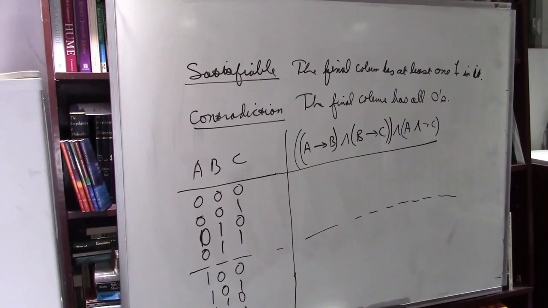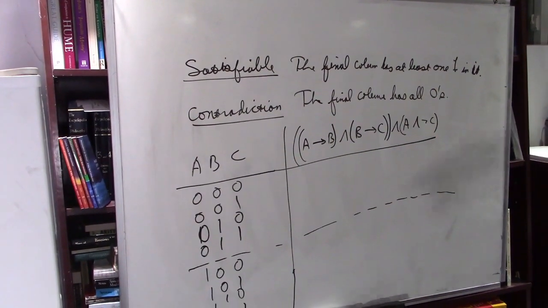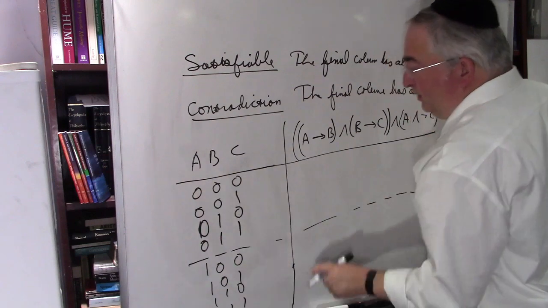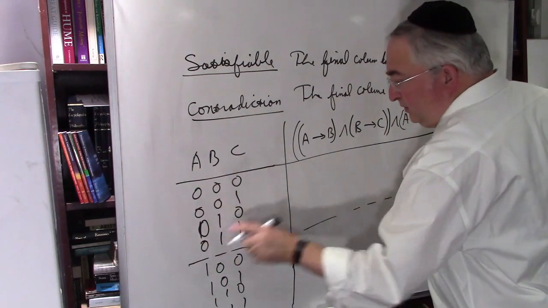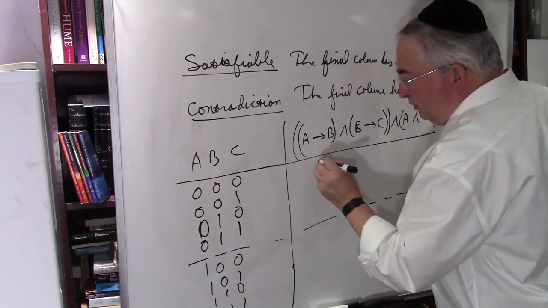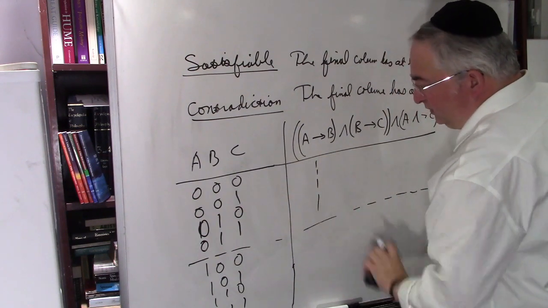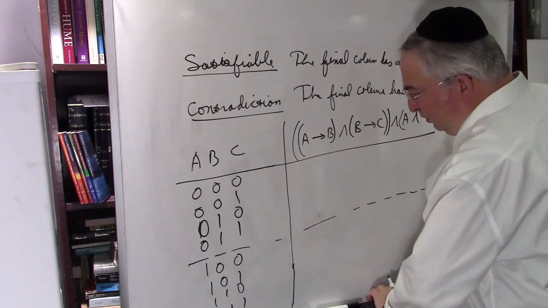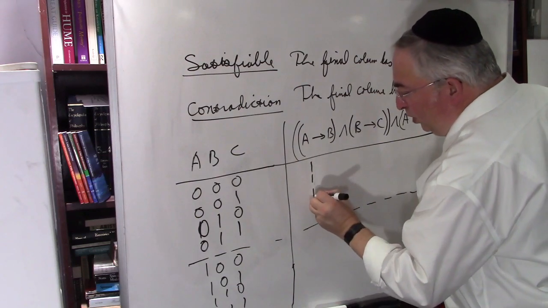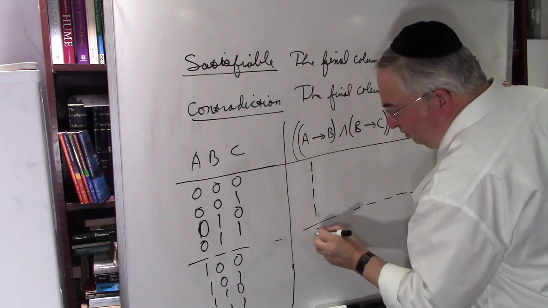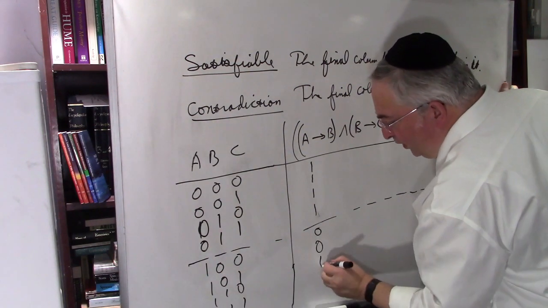Okay, let's do it. Okay, so A arrow B is, I'm just going to do this a little bit quickly because there's a matter of time here. 0, 0, 0, so anything that starts with a 0 is 1. So this is 1, 1, 1, 1. And then 1, 0, this is 0, 0, 1, 1.